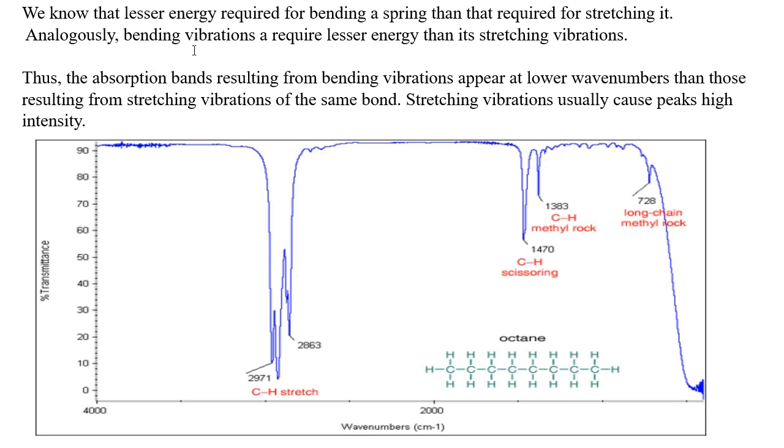Analogously, bending vibrations require less energy than stretching vibrations. Thus the absorption bands resulting from bending vibration appear at lower wave numbers than those resulting from stretching vibration of the same bond. Stretching vibrations usually cause peaks of high intensity.